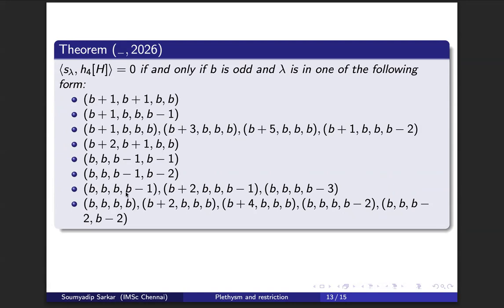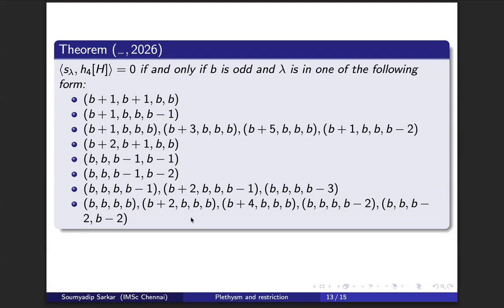And in this collection you can also see that possibly there is a pattern: B is odd, and there is some long streak of the same odd numbers occurring next to each other. For example, if you look at the last case, we have B B B B B plus 2 B B B. So many odd numbers are occurring next to each other. And we expect that this pattern will continue for general n.